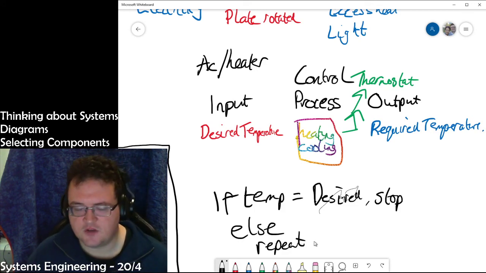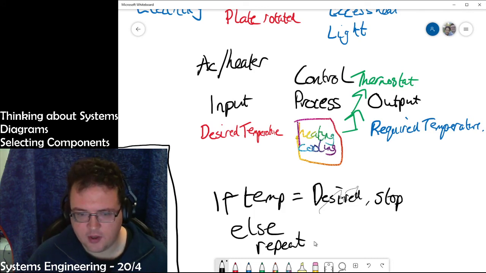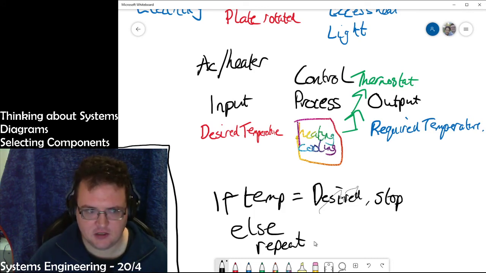If the temperature is the desired, stop, otherwise repeat. So it'll keep doing what it's required until it gets to that desired temperature.